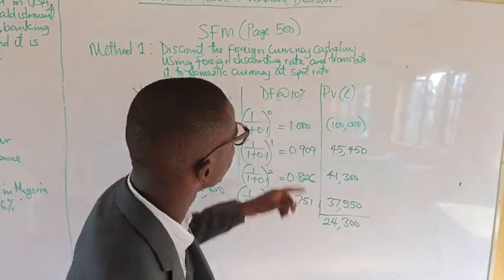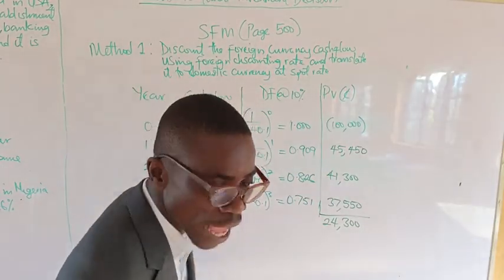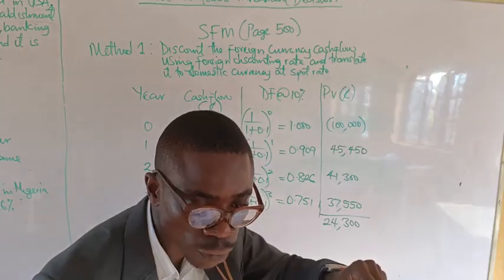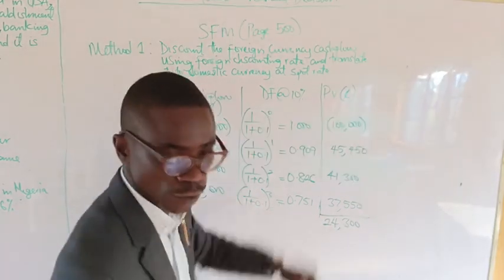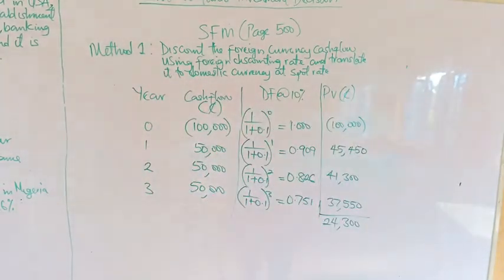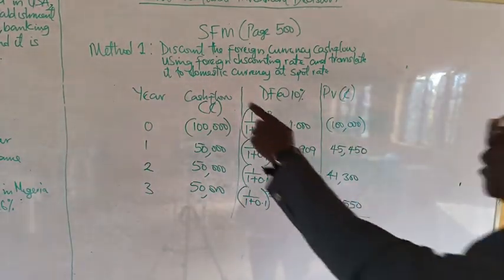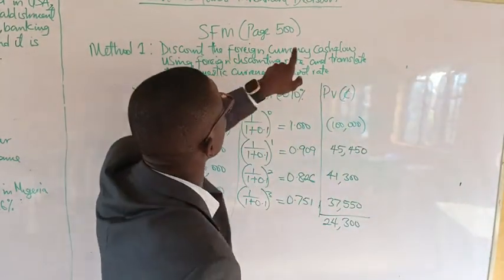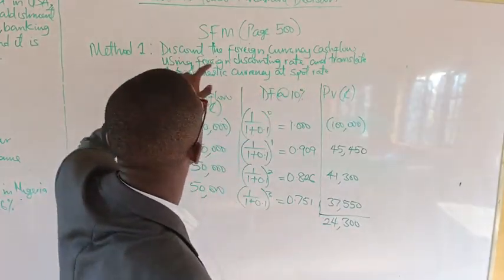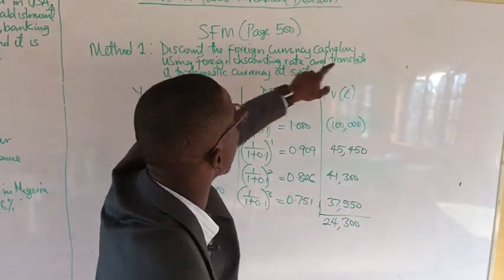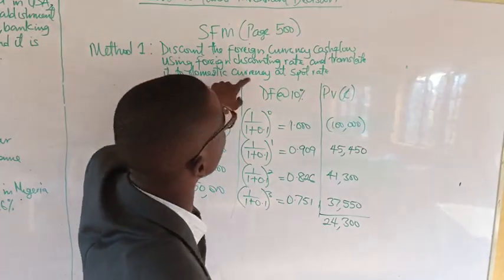Now, don't forget, what have we done? We have calculated the NPV in cedis. We now translate it. That's what they say: discount the foreign currency cash flow using the foreign discounting rate and translate it to domestic currency.